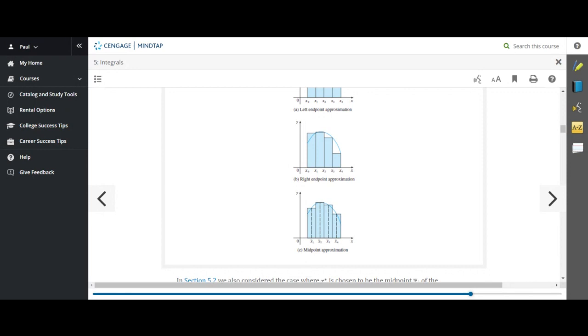That's another way to go. What we have to do is, of course, determine the values that we're going to be using for our approximation. Yeah, Jonathan?